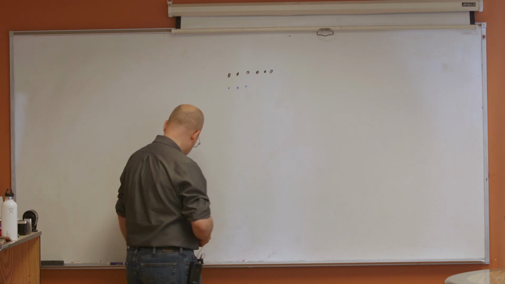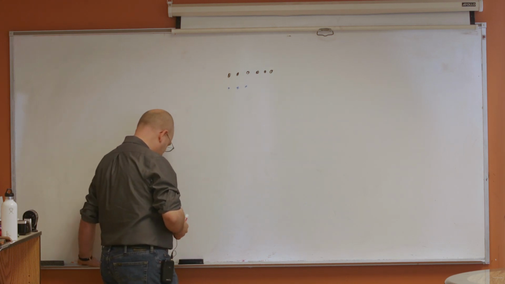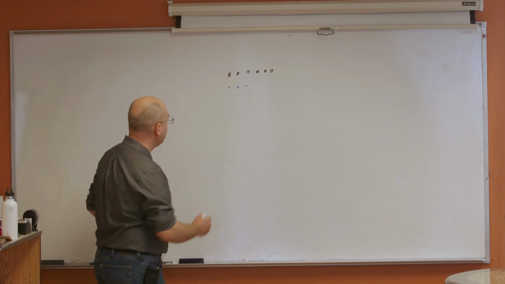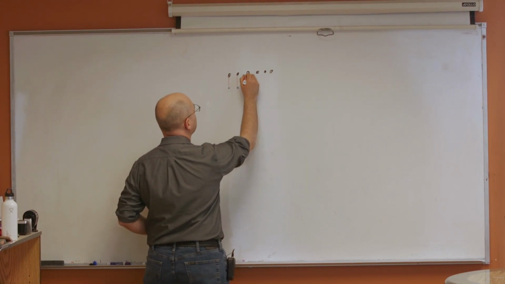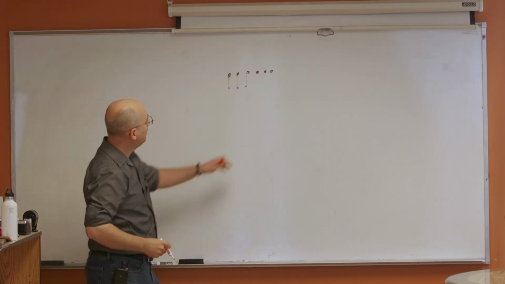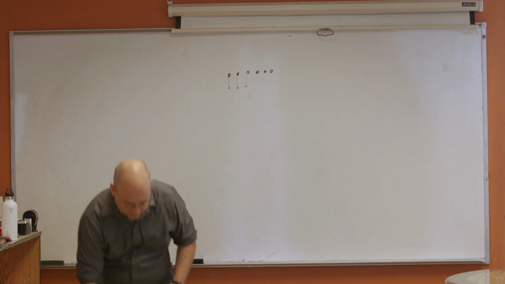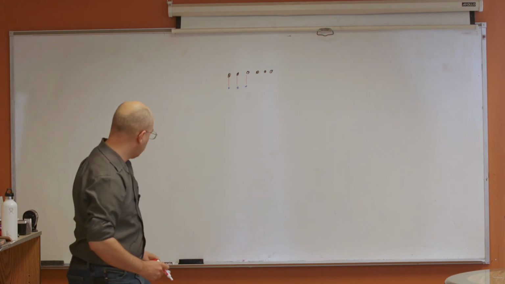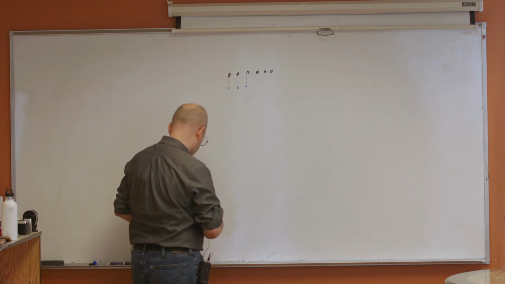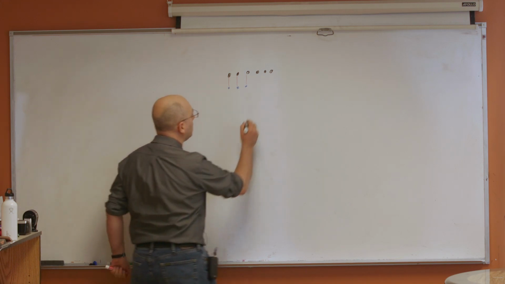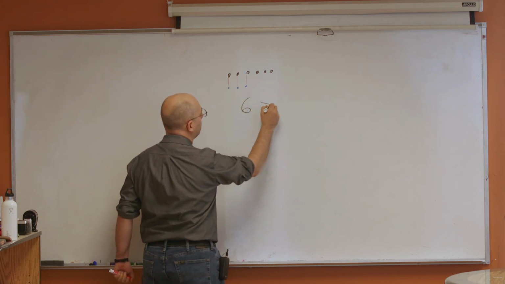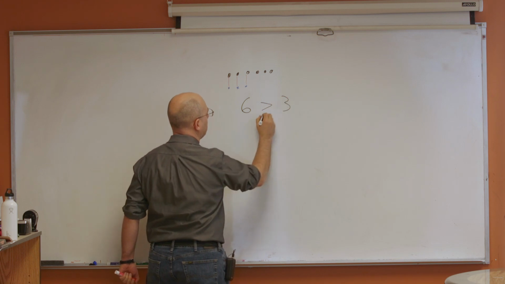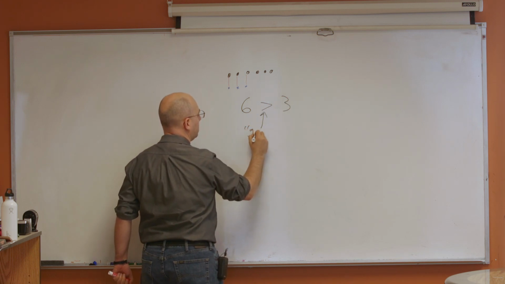Maybe not. This is why people don't put caps back on markers. Now I understand. So you match them up, and then there's stuff left over. That's the meaning of 6 being greater than 3. So we use this symbol, greater than.